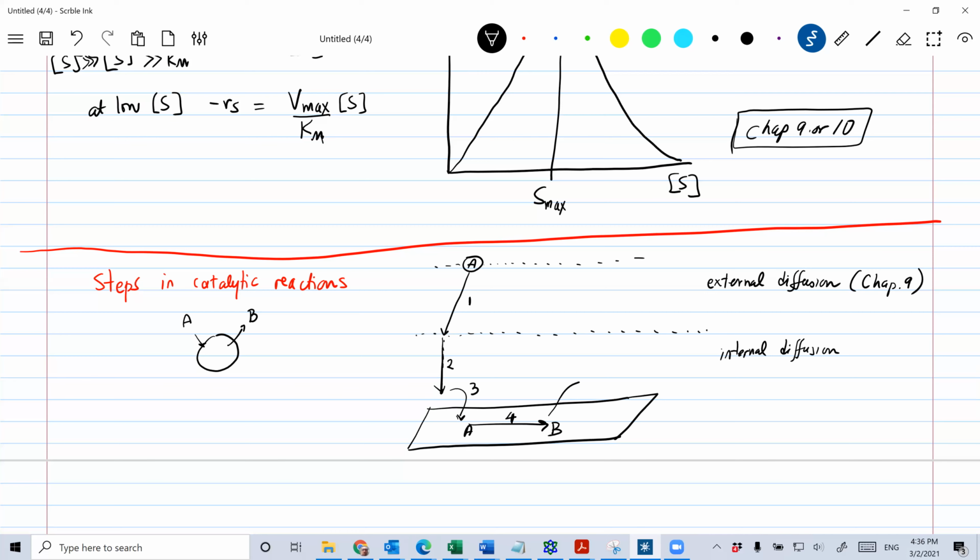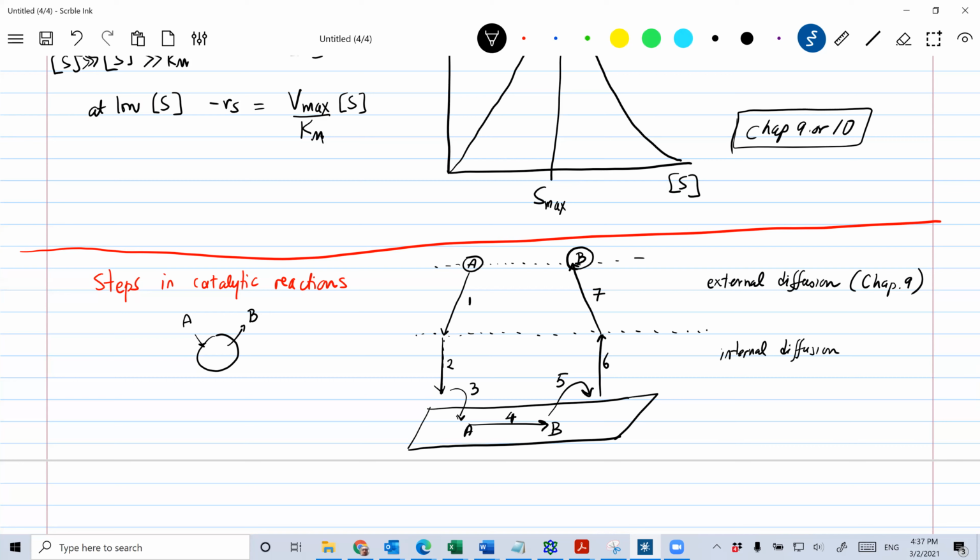Then B is going to desorb from the surface in step 5. B is going to diffuse out from the catalyst in step 6. And B is ultimately going to diffuse out from the boundary layer in step 7. So these are the steps in catalytic reactions, and as a general way, this is what happens.